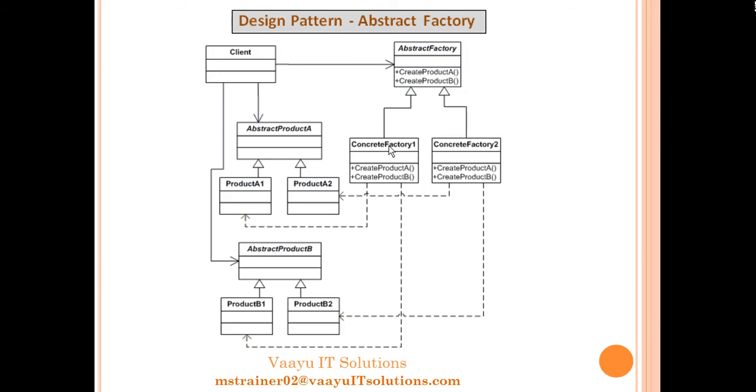But what will be the nature of these products? They will be abstract product A with product A1 and product A2, and abstract product B with product B1 and product B2. So this abstract factory is not creating anything. It is giving the responsibility of creating everything to the concrete factory.